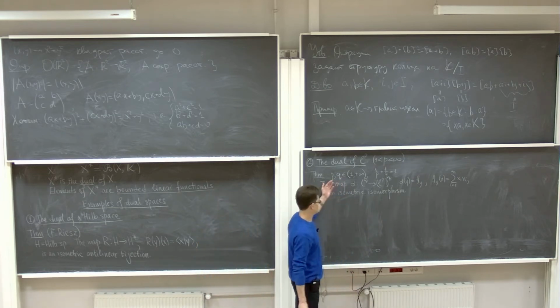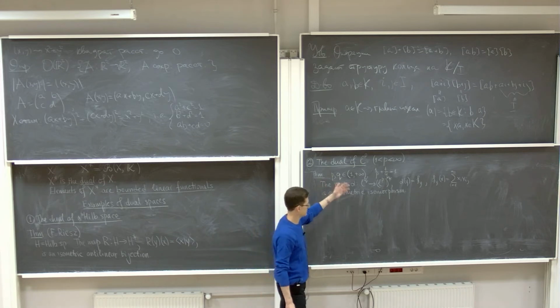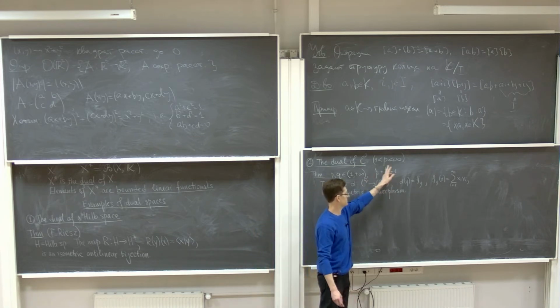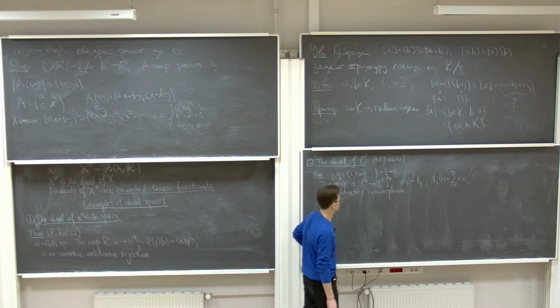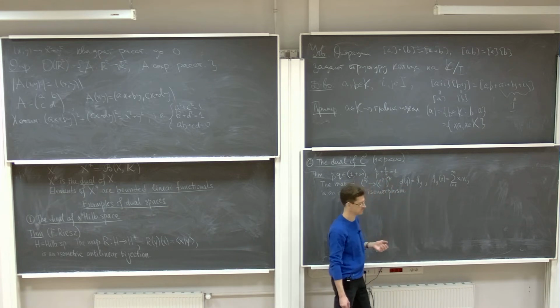So if we start with a little p from 1 to infinity, then little q is uniquely determined by this relation, and the theorem states that the dual of lp is isomorphic to lq, and the isomorphism is very explicit.